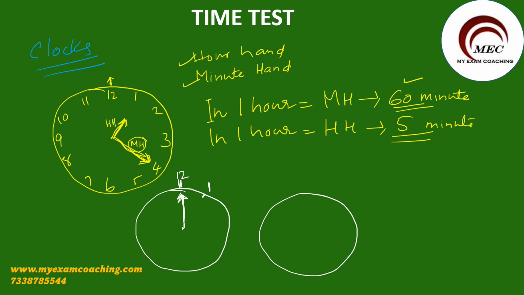This is our minute hand, and let us take this is our hour hand. At 12 o'clock, both the hands are at 12. Now I am making this move and come to 1 o'clock. So here we have 1. Our minute hand will be here at 12 only, and our hour hand will move to 1. This is 1 o'clock.